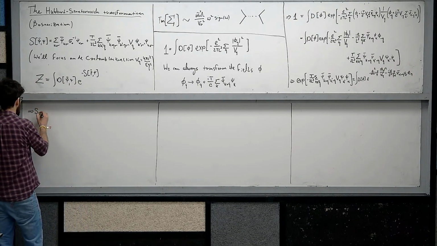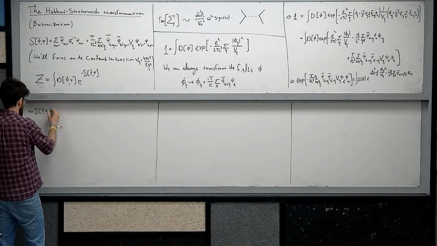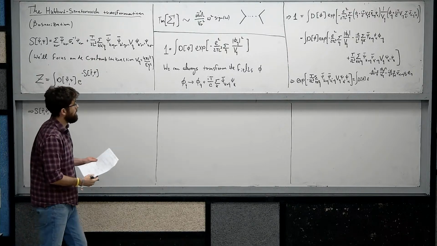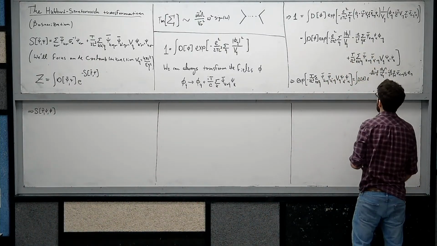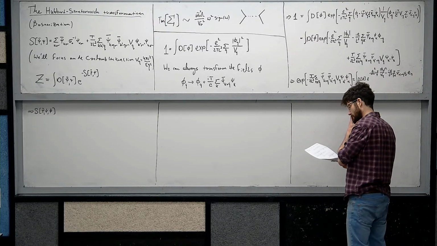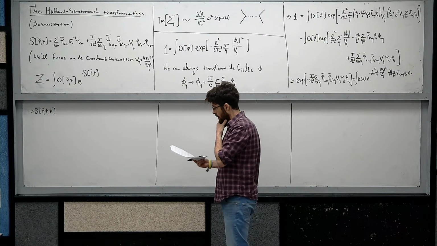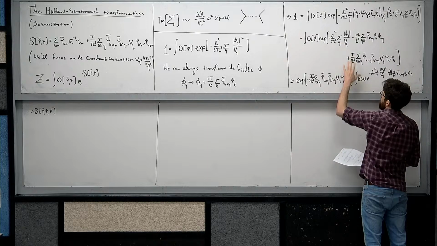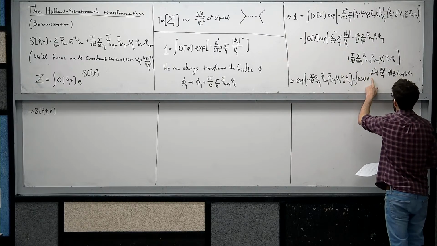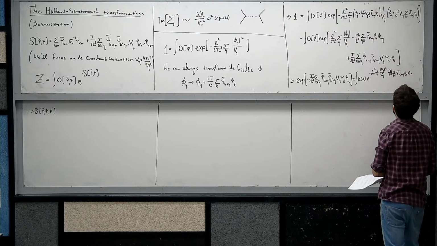So what I get is an action. So I'm going to have minus what I have here. Why? Because if I want to interpret this as an action, then it should come with a minus.